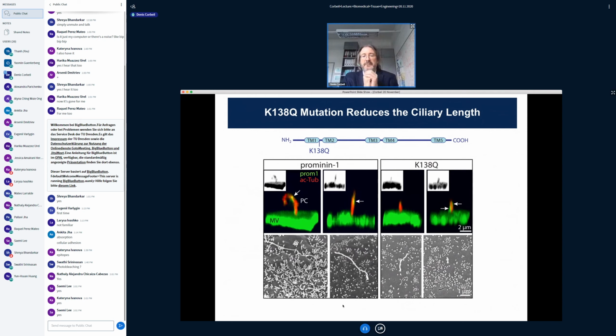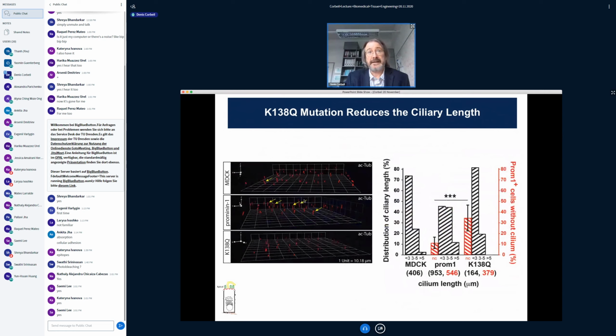We still have one cilium, but they have become longer, which is quite striking. Now, when we express the mutant, which will not bind to the histone deacetylase 6, what we observe, the cilia are becoming shorter. You can see here by fluorescence or by scanning EM. Very, very short.